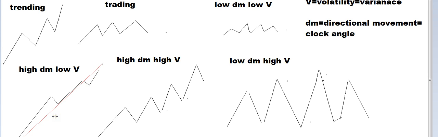Whereas this has high volatility and high DM. So look, price is going up, yes, but it's retracing a lot. It's bouncing back and forth a lot. You get this wave rippled formation, but it's still going up high, so you've got a steep clock angle if you took the average movement. But within that movement, there's this variance where it's bouncing up and down.